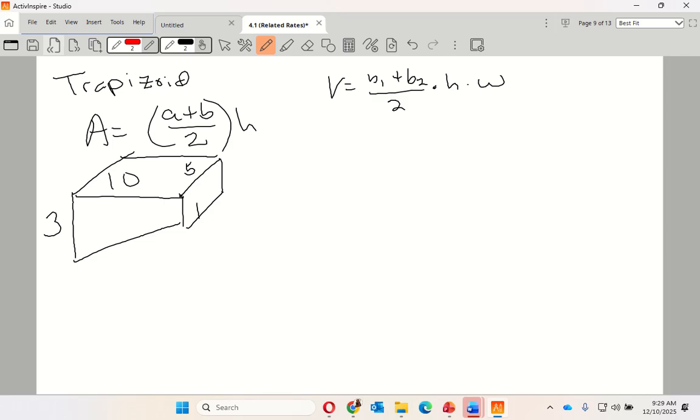Now, am I dealing with the entirety? Am I dealing with the whole thing? Okay, I'm going to change to blue because I'm dealing with a certain amount of water, right? What's the height of my water that I want? 1.5, right? So 1.5 would be like right here, something like that.